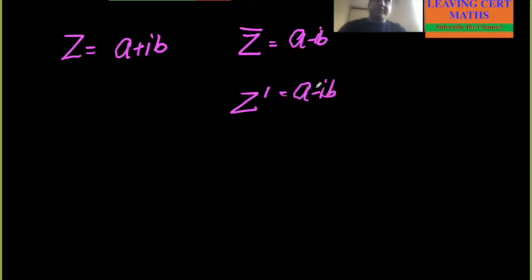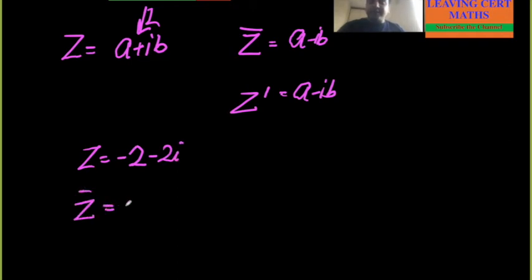Its conjugate is always written as z bar, or sometimes they write z dash, and it is always a minus ib. So only the middle sign will change. But if you have a question like minus 2i, then the conjugate of this will be plus 2i. Just change the middle sign. Okay. So this is the conjugate of the complex number.